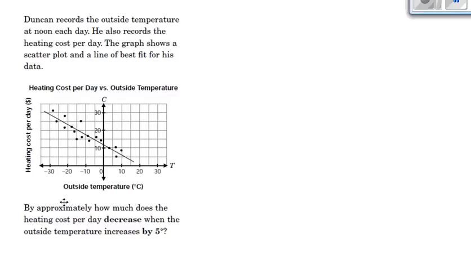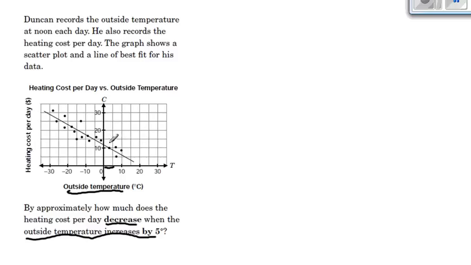And it says, by approximately how much does the heating cost per day decrease when the outside temperature increases by 5? So the horizontal axis is outside temperature, and I want to see what happens when the outside temperature increases by 5. So when I look at the horizontal axis, I see that 5 units is exactly one of these grid boxes.